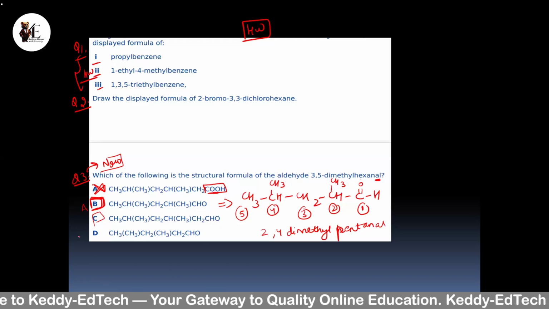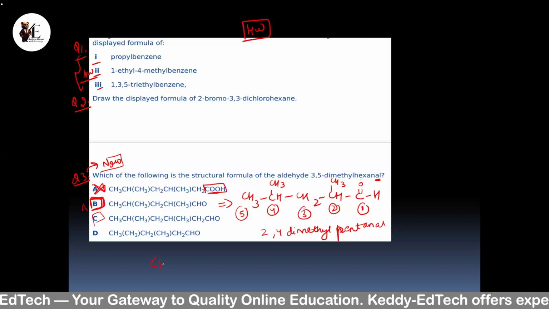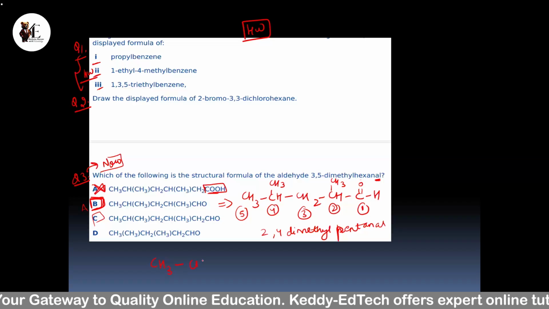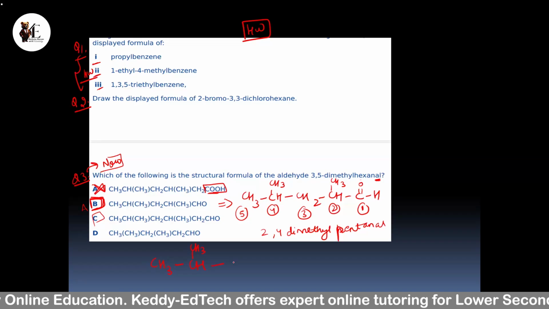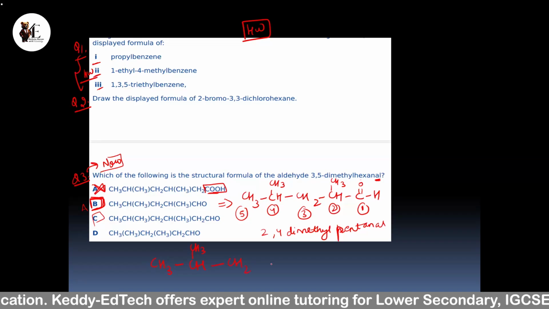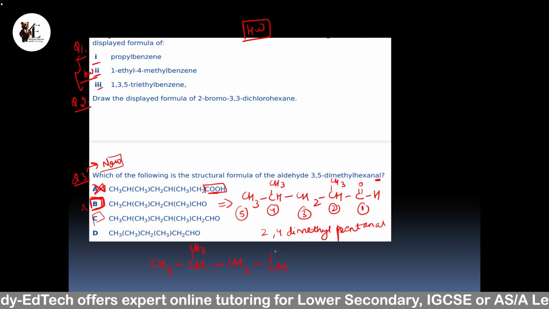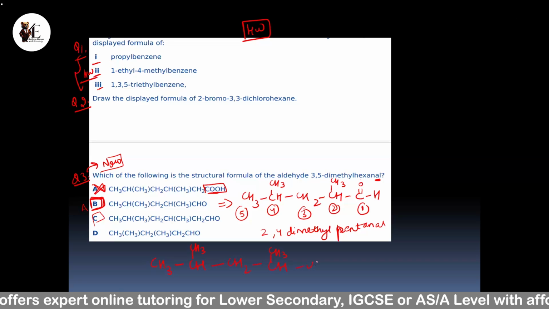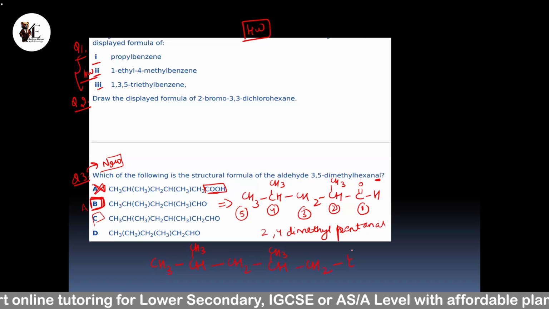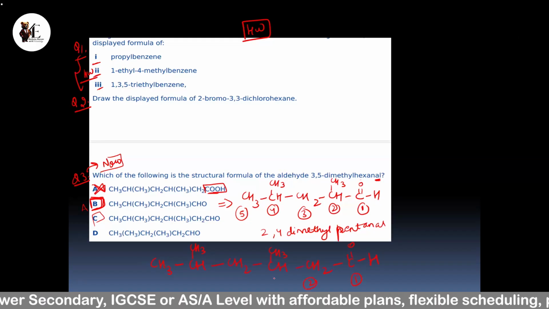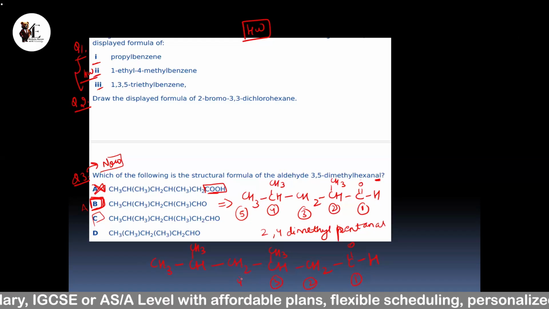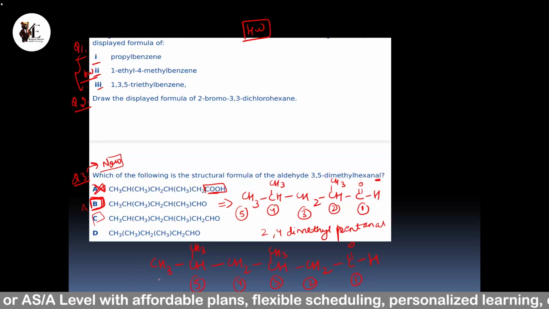Alicia, please check. In the C part, let us see. CH3, CH. This CH3 is in the branching. Then it is CH2, CH. Again, CH3 is in the branching. Then CH2, CHO. Counting will start from here. 1, 2, 3, 4, 5, 6.